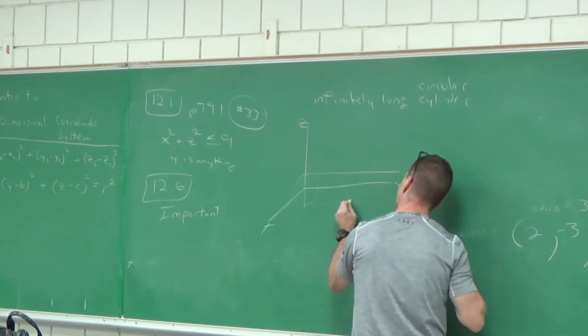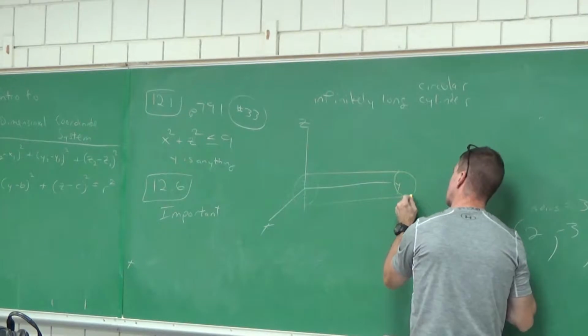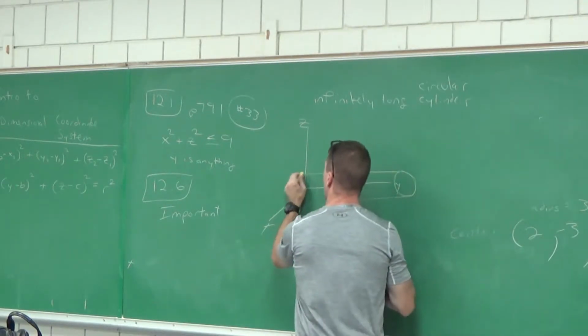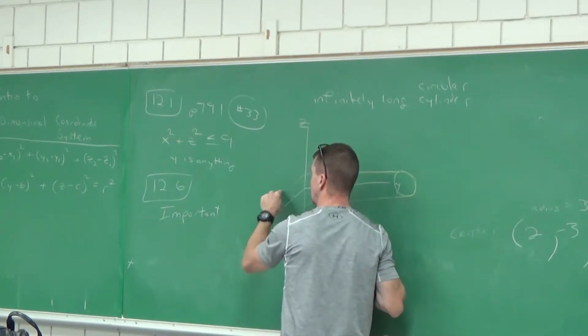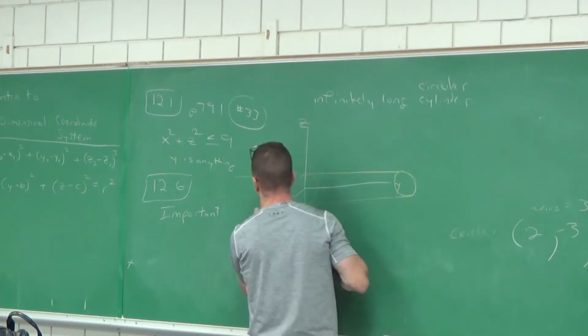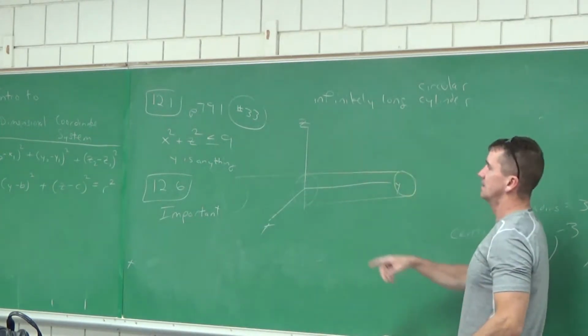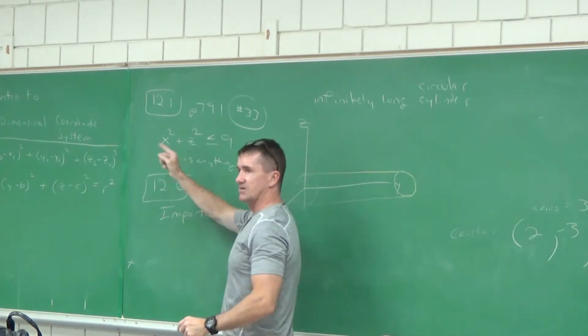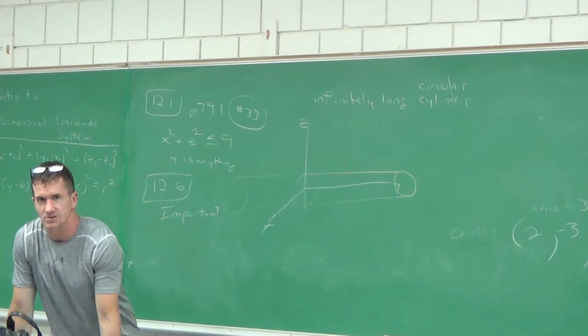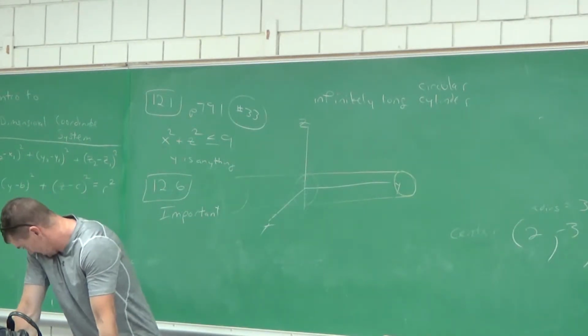You can make another trace. And this keeps going, doesn't it? So if you want to do the negative y-axis, this just keeps going forever. Infinitely long. Brad, way to go. That's a cylinder. So we're talking about a surface here. All right, very good. One more thing.